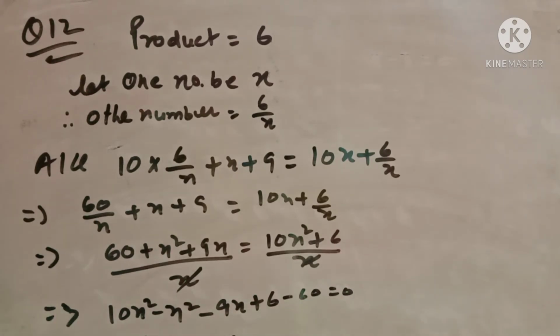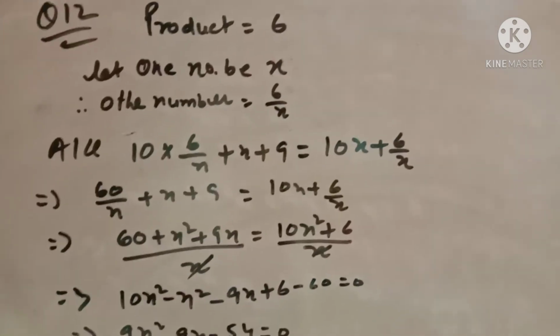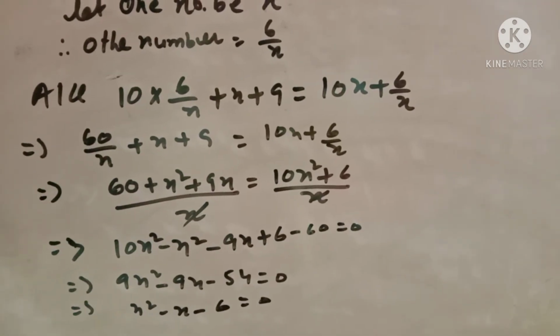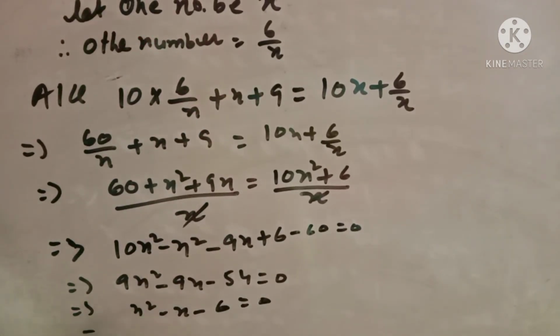Once again we can divide the terms by 9, so it will come x square minus x minus 6 equal to 0. Now factorize it.